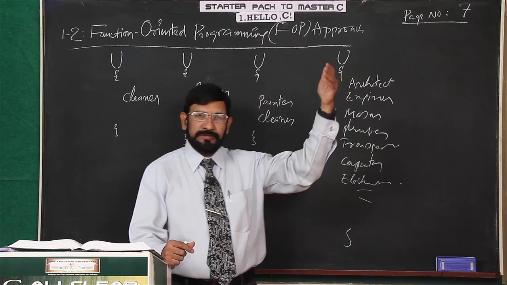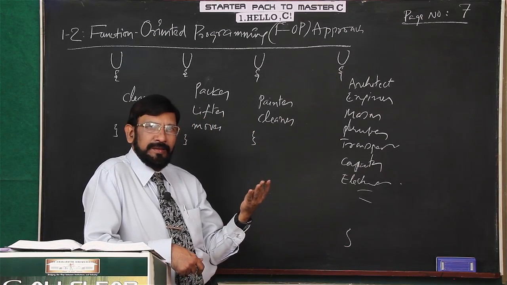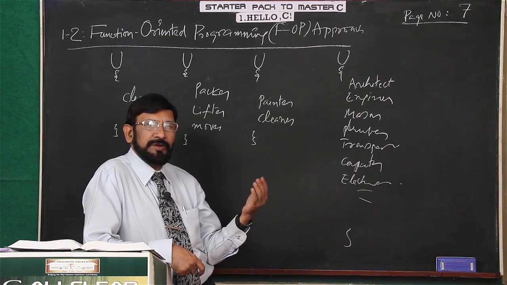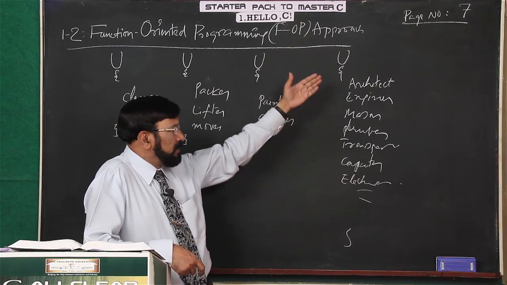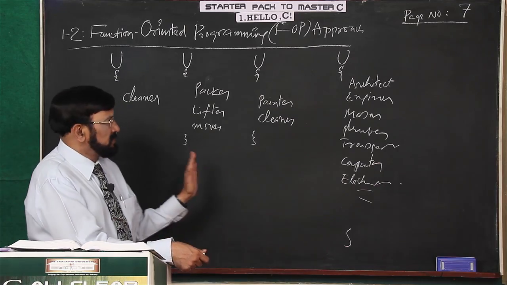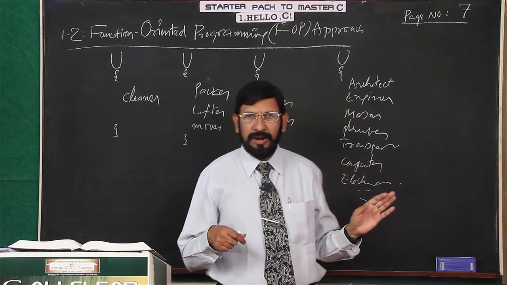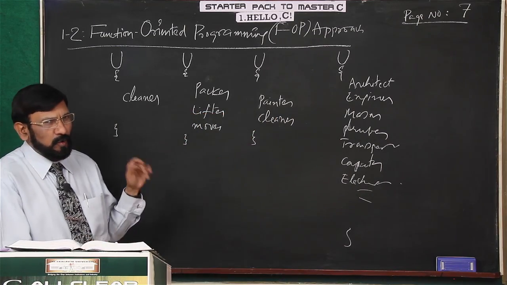Then you appoint a set of specialists: architect, engineer, mason, carpenter, electrician, plumber, transporter, etc. A series of specialists you appoint. Everybody knows this is a real life model. Whether you call it a specialist oriented model or not, you can call it that right now.